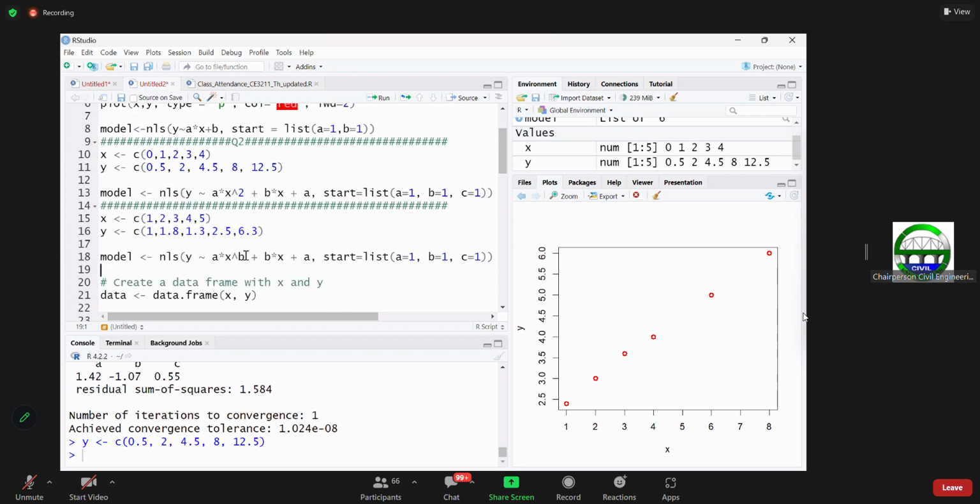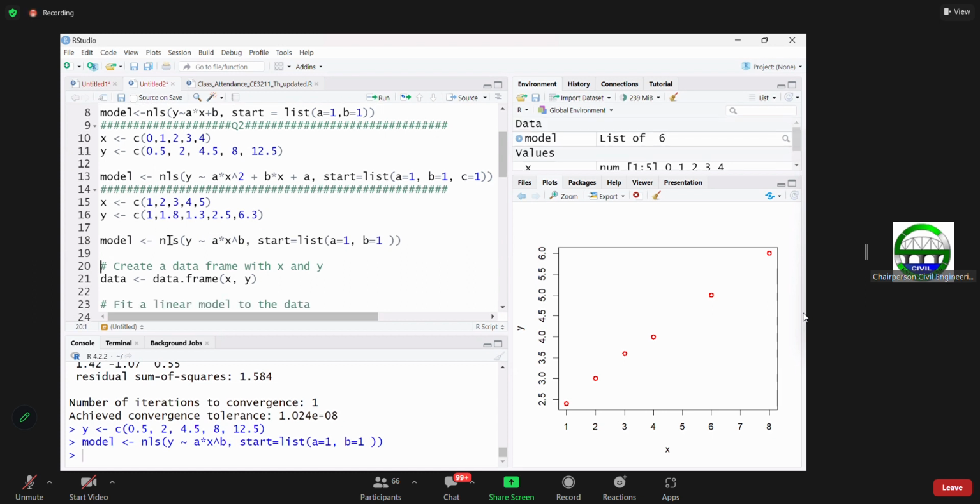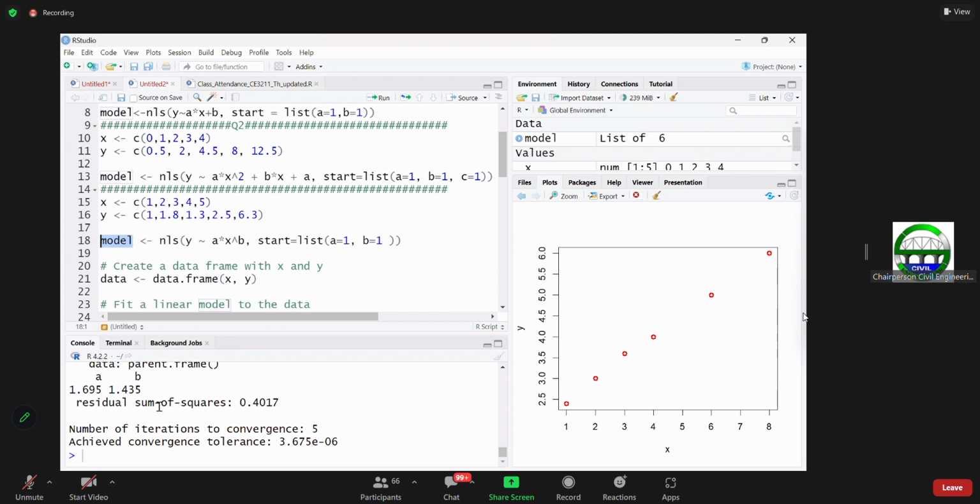Okay, y is equal to a x raised to power b, and then we have a and b. We don't have c, so we'll just remove it from here. Okay, and now let's run. What was the value in our last question? It was the same.